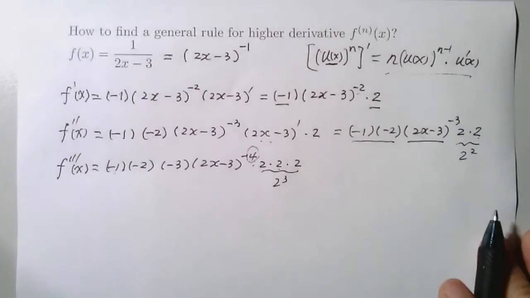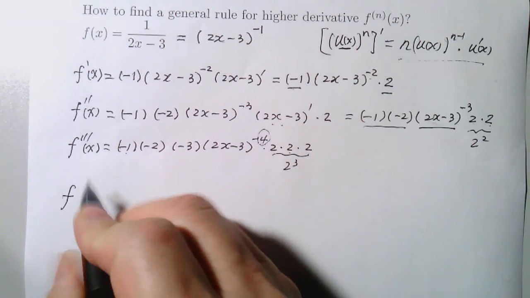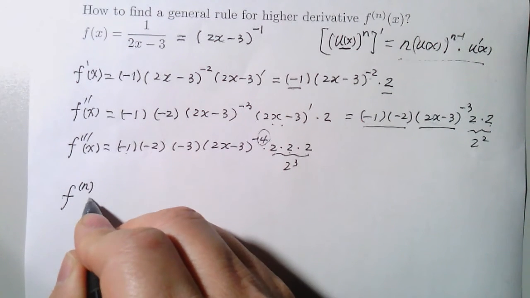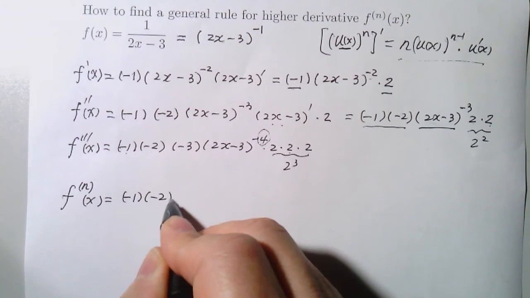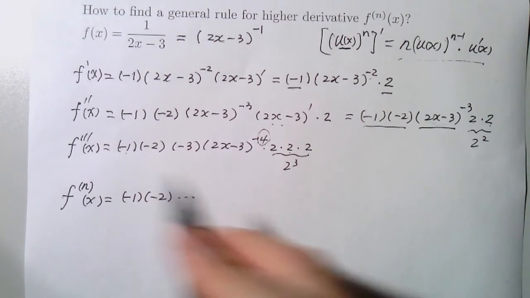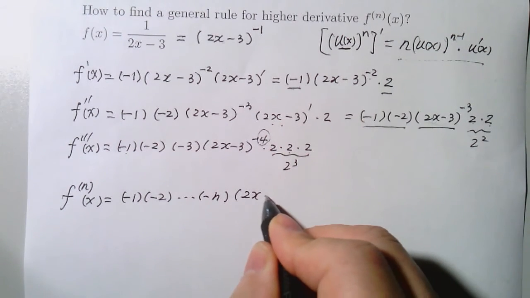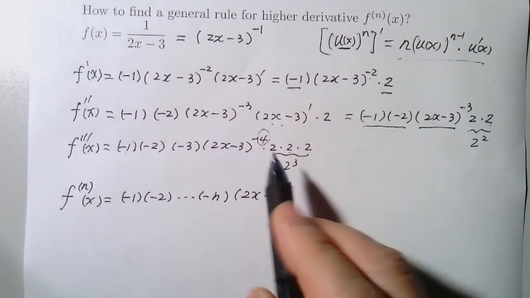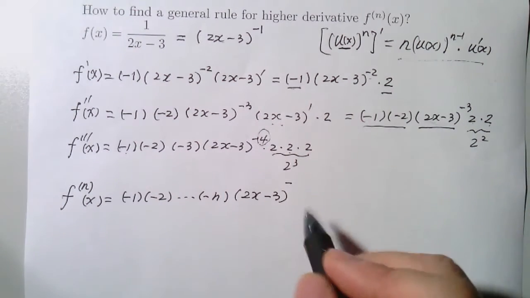With this, we can now generalize the following rule. The nth derivative equals -1, -2, because that's 3, that's -3. So you can imagine that's n, that's got to be -n, and 2x minus 3 raised to, that's 4, that's 3, which is always one more.